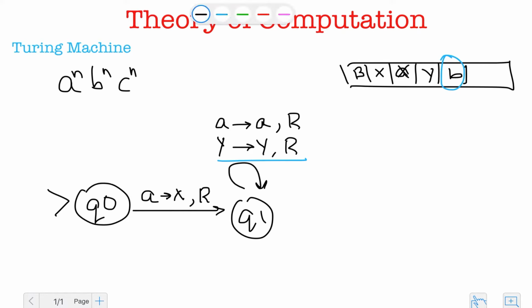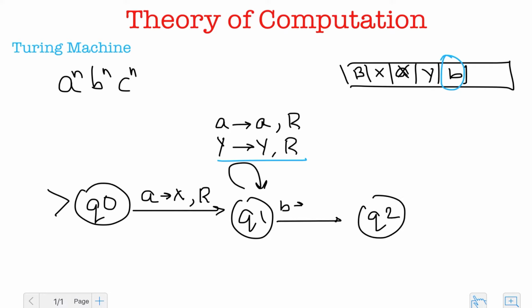The next thing that I want to do is if at q1 I do find the b, then I go to state q2. So I go to q2 on a b, and I change the b to a y. So I'm converting the b to a y, and then I move right again. And q2 is very similar to q1, so I just stay at q2 as long as I have a b.